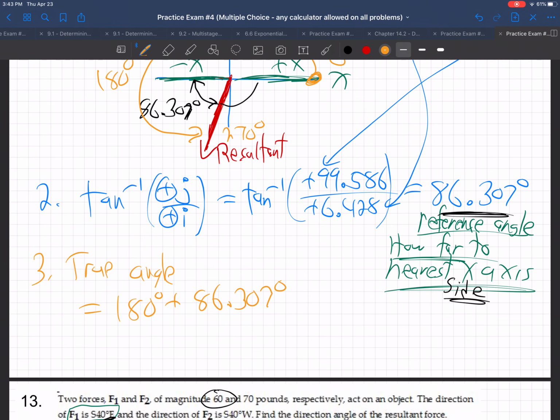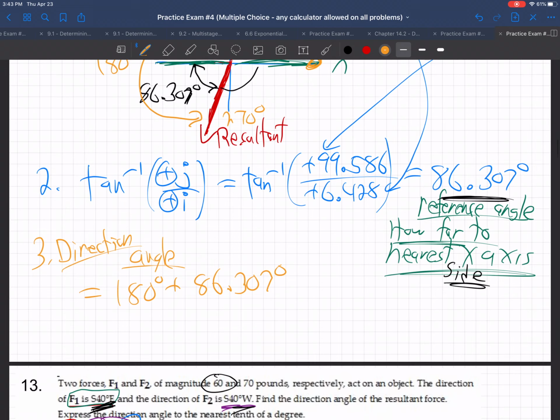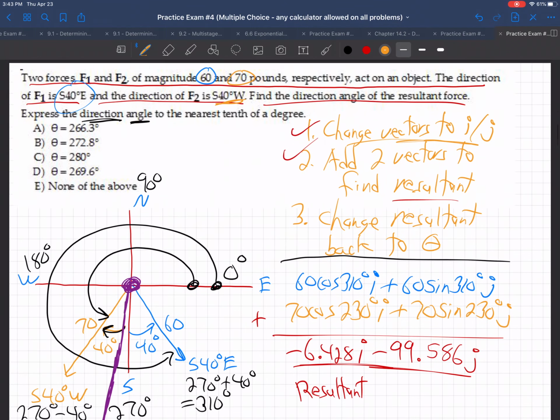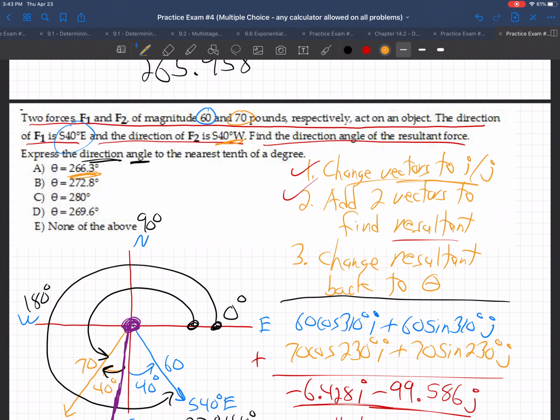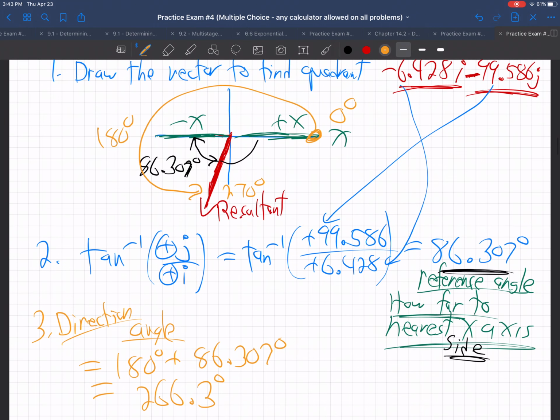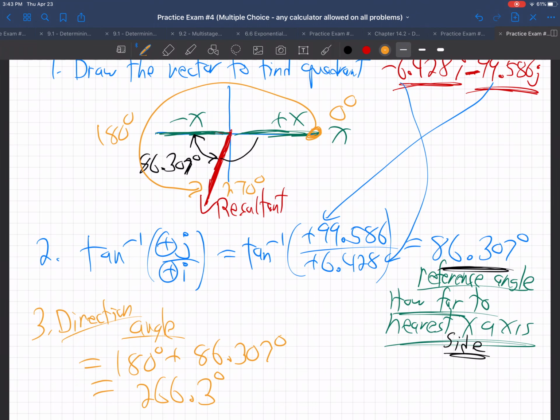The true angle, what they really call the direction angle. I should write it that way. The direction angle. It tells you the real direction it's going. Add those together, you get 266.3. I just want you to round to one spot. 266.3. There it is. Do you see that? That's how you actually do the problem.